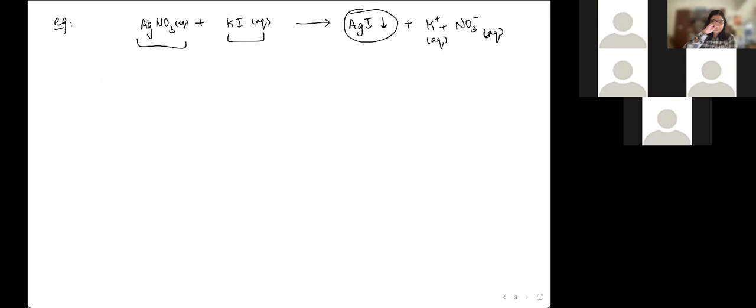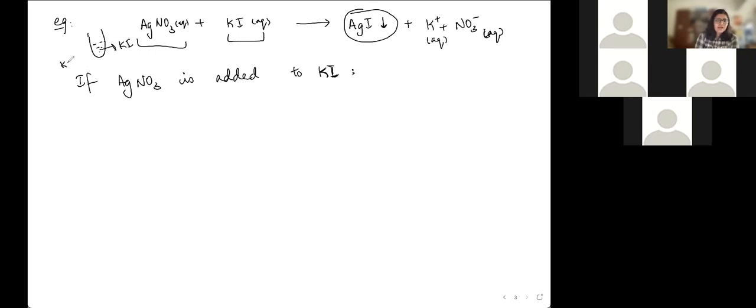Okay, so here's what happens. Suppose AgNO3 is added to KI. Imagine you're mixing both of these. To prepare it, you'll take a solution in a beaker or a test tube, where you want to get your final product. Suppose that test tube already has KI in it, potassium iodide.